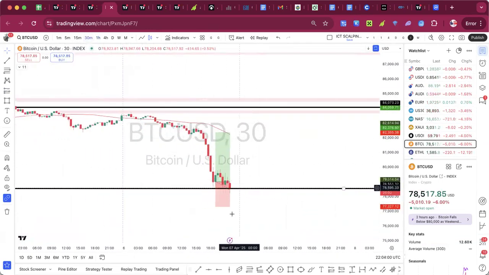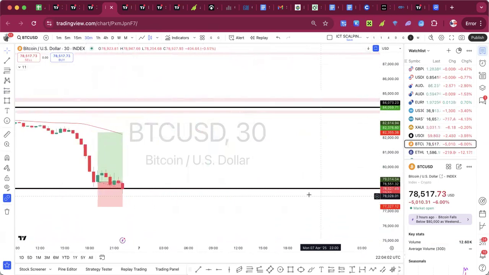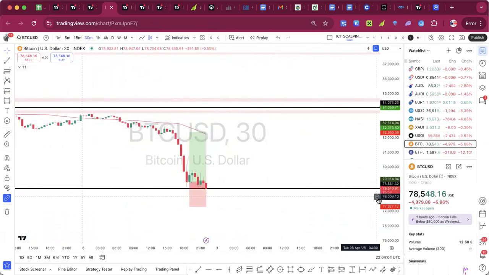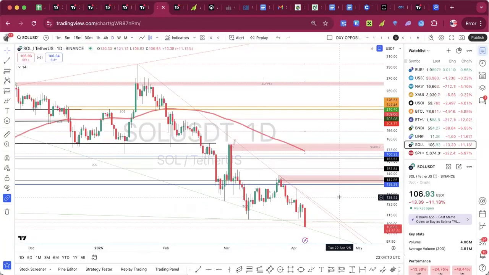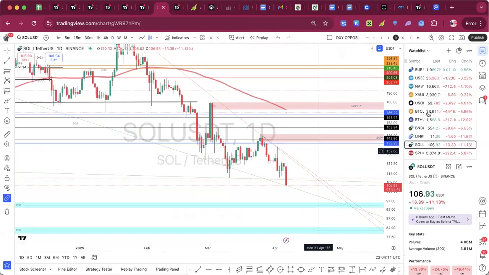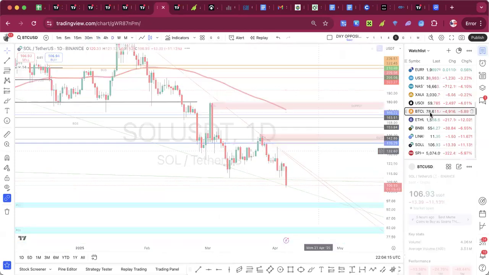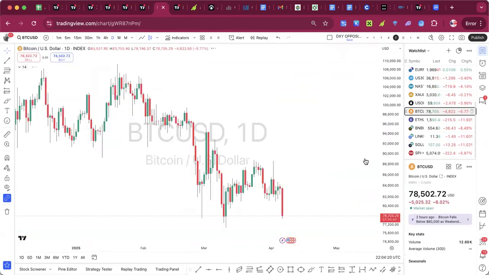It's quite risky, but if this is supposed to be market opening, that will have made so much sense. Good, good, good.